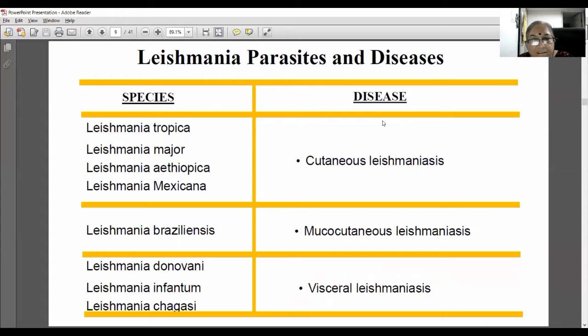Leishmania brasiliensis causes mucocutaneous leishmaniasis, and Leishmania donovani, Leishmania infantum, Leishmania chagasi, they cause visceral leishmaniasis.